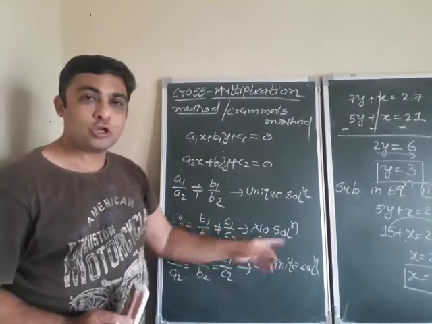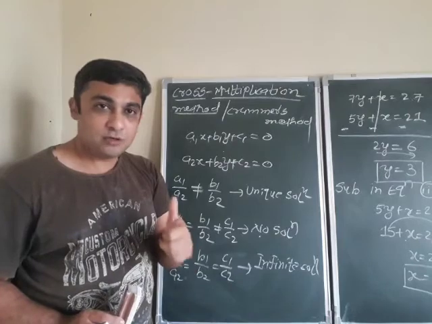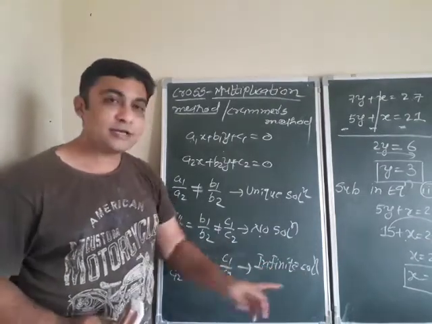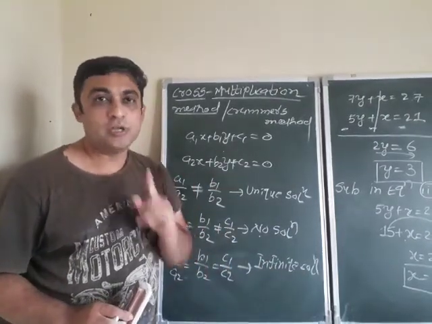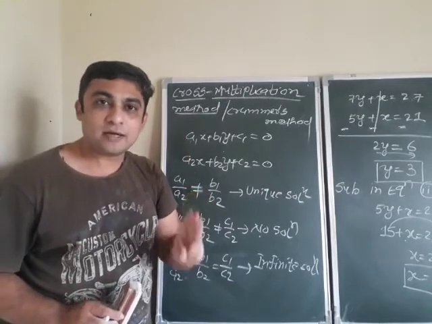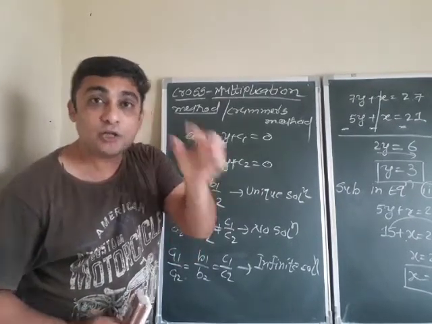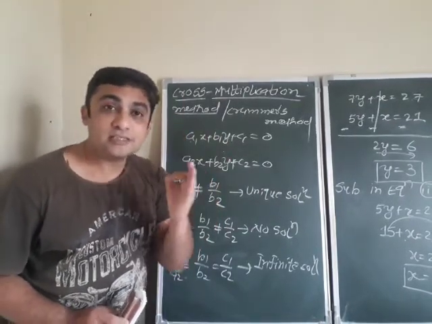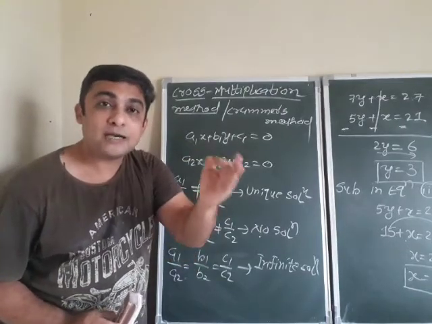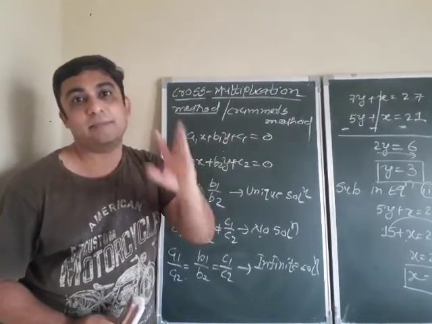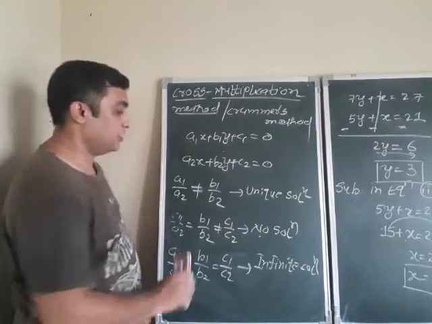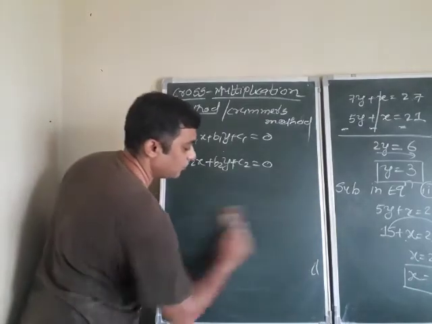In case of no solution it will not work out, and in case of infinite solutions also it will not work out. Is that clear? So all three methods are useful to find the unique solution. If a system has a unique solution, we can find it by any one of these three methods. Is that clear? Ready? Now see.